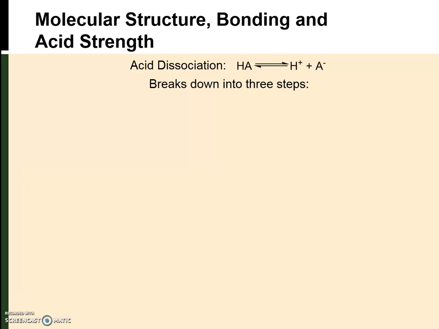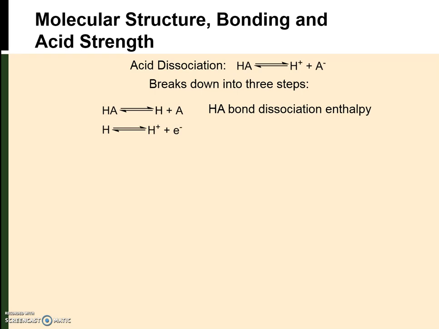And so to understand why behaving as an acid will be favorable, we need to think about the enthalpy change that occurs on going from the acid to the dissociated form of H+ and A-. So the first step is to break the HA bond into a hydrogen atom and an atom of A. And this reaction has an associated enthalpy change, which is the bond dissociation enthalpy for HA.